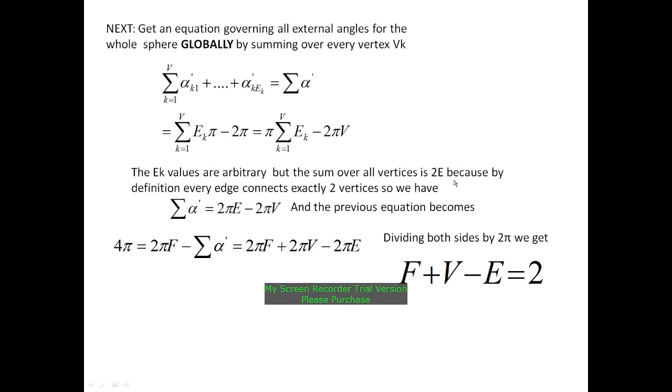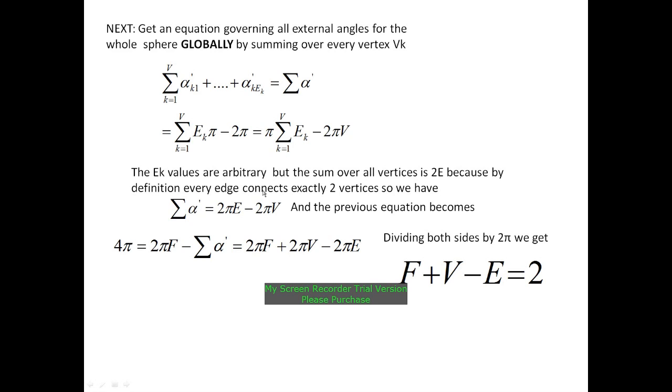So we can replace the sum of ek with just 2e. Therefore, this mysterious sum of all the external angles becomes 2 pi e minus 2 pi v.